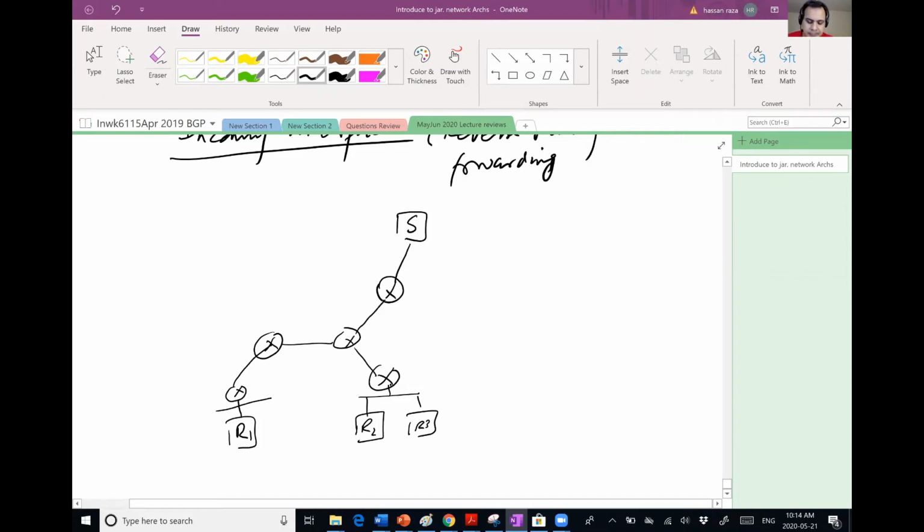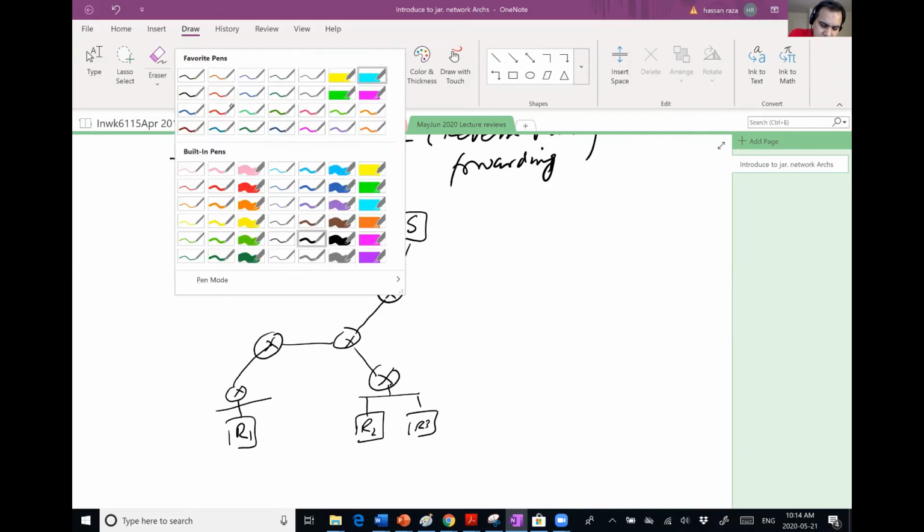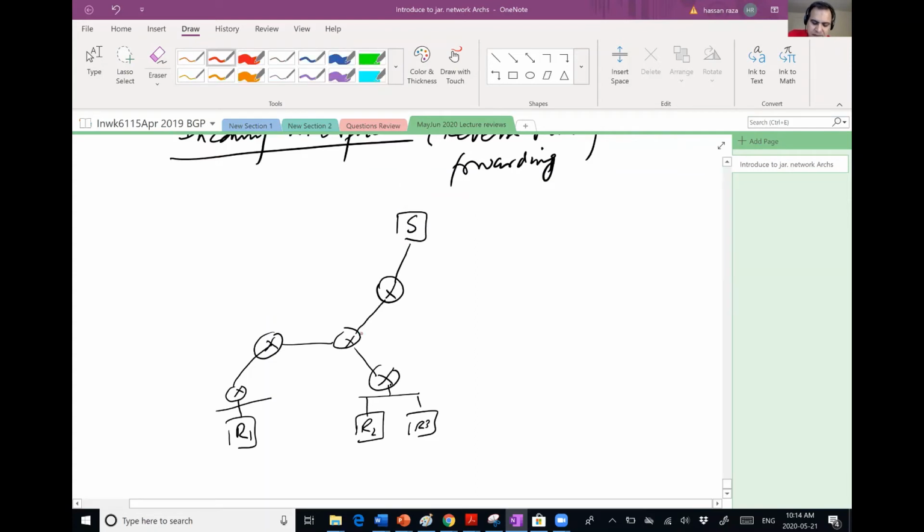So reverse path forwarding says that if I'm a router, this router, let me use some colors. If this is a router, I have two options.